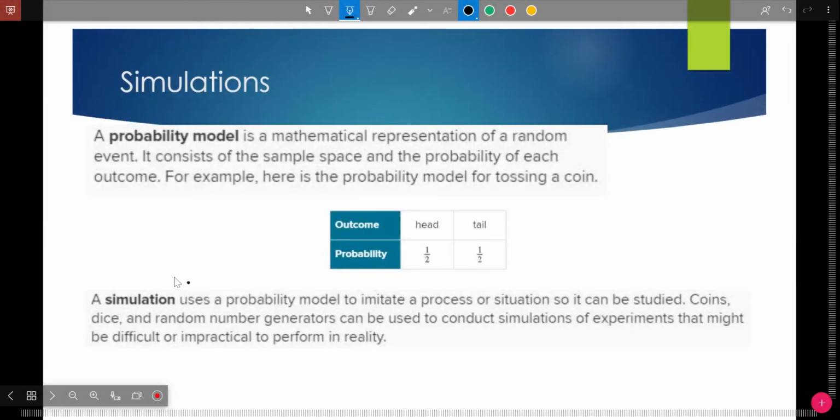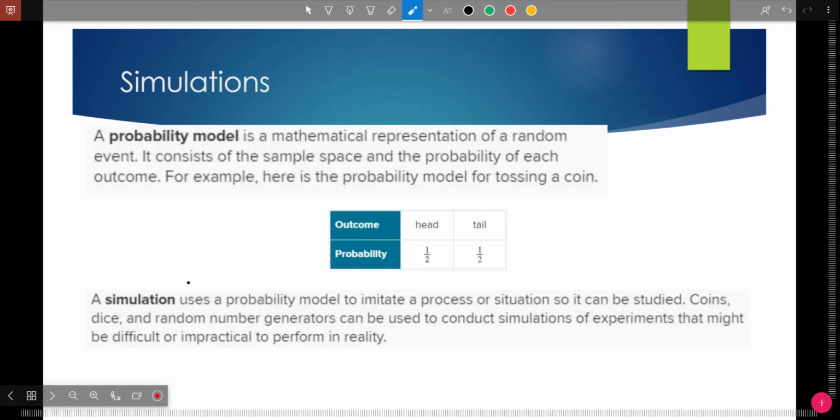Now, we can use things like rolling a dice, or spinning a spinner, or flipping a coin as a probability model. And so what is a probability model? A probability model is a mathematical representation of a random event. And so a simulation uses a probability model to imitate a process or situation so it can be studied.